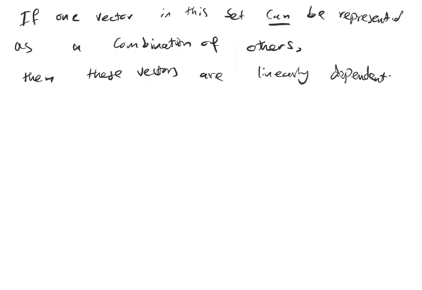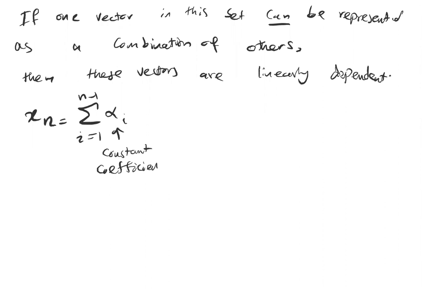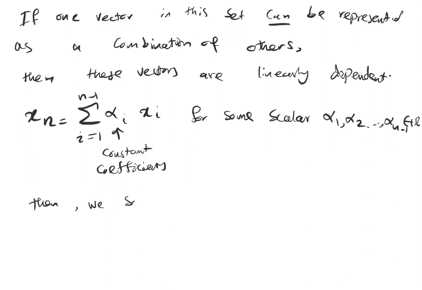In other words, if there is one of these vectors, let's say x sub n, which can be written as a linear combination of other vectors, where the alpha i's are constant coefficients, for some scalar values like alpha 1, alpha 2, alpha n minus 1, which are real values, then we say that vectors x1, x2, and x sub n are linearly dependent.